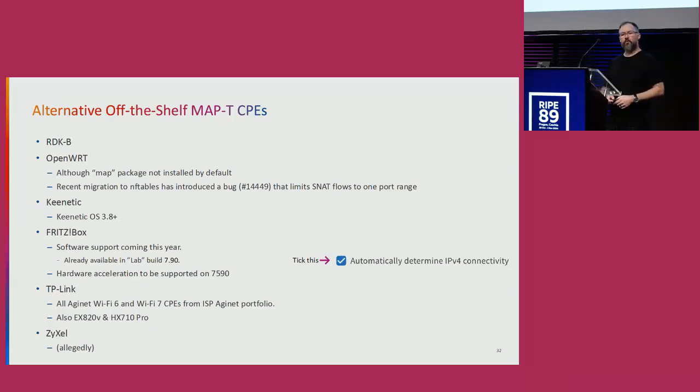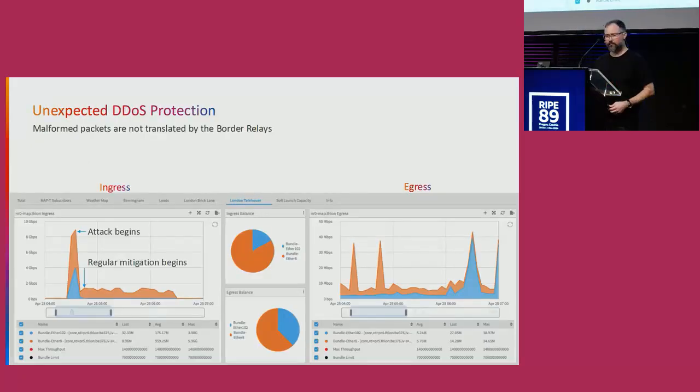Kinetic, these guys were really proactive. They reached out following our launch in Italy, and they now have their own support in their devices. And the Fritzbox. These guys have been hard at work to build their own support in Fritz, which is awesome. It's in the lab version now. If you go into the WAN IPv6 settings and tick that box, it will work for you. And apparently, TP-Link and Zyxel also have support, which I have not been able to validate or test myself.